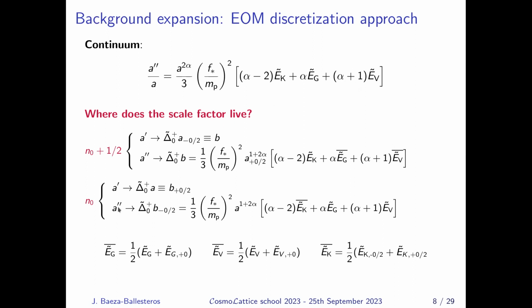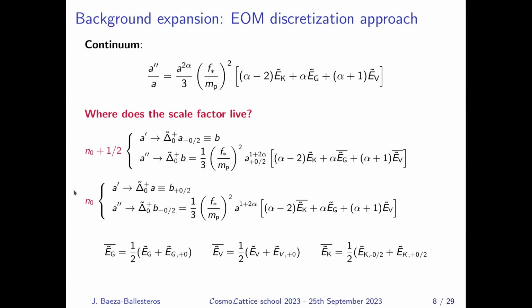And now, since the scale factor lives at integer times, the second derivative will also live at integer times. And so we are fine with the gradient and the potential energy densities, but the kinetic energy density we now need to define as an average from the kinetic energy density half a time step before the time in which we are interested, and half a time step after. So again, we define this kinetic energy density as an average.